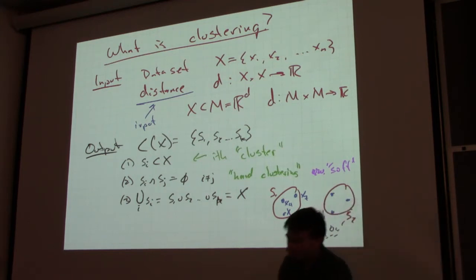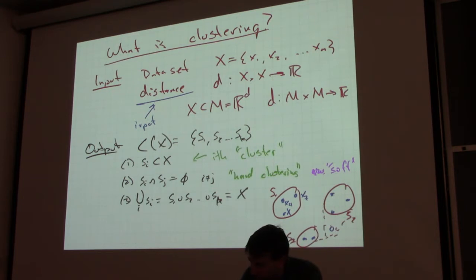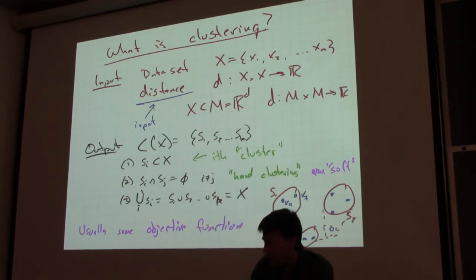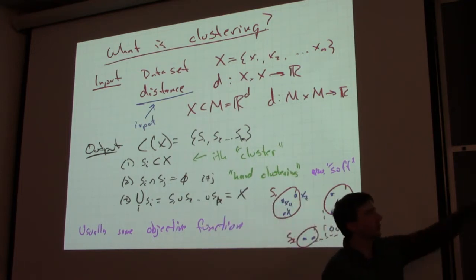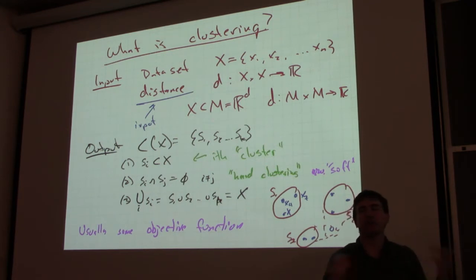There's usually some sort of objective function. We'll say that some clustering is better than another one. We'll give it a score, and we want the one with the lowest score. We'll talk about some variants later that deal with this.